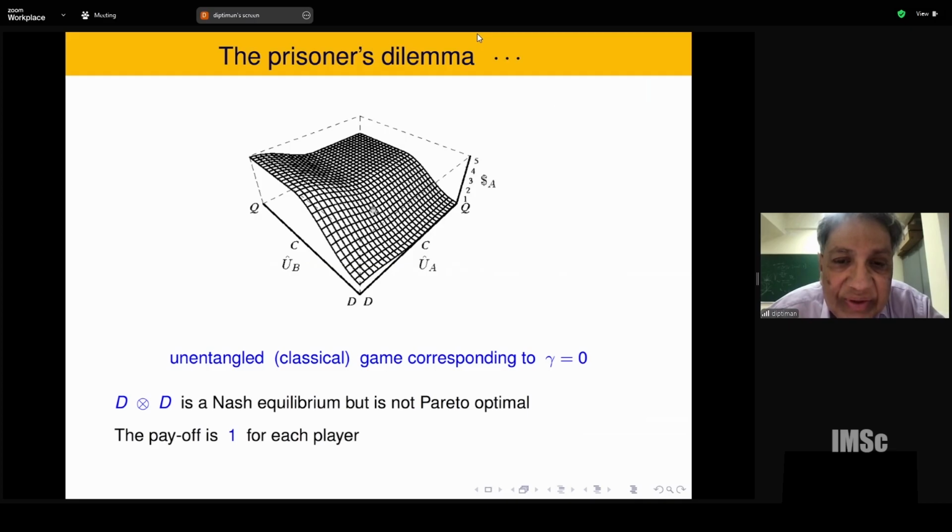Since it's a symmetric game, presumably the other picture would also show for CC the same payoff for the other player. But this surface that I'm showing you here is not a symmetric looking surface. That's right. But for the point CC, the payoff should be the same for both players because it's a symmetric game.